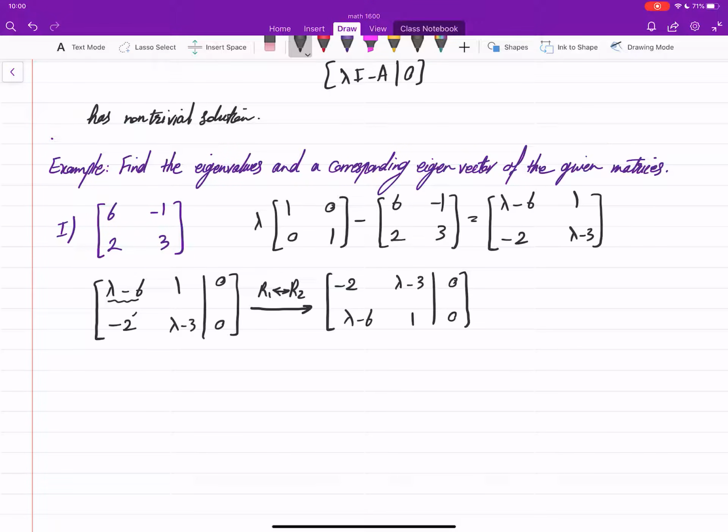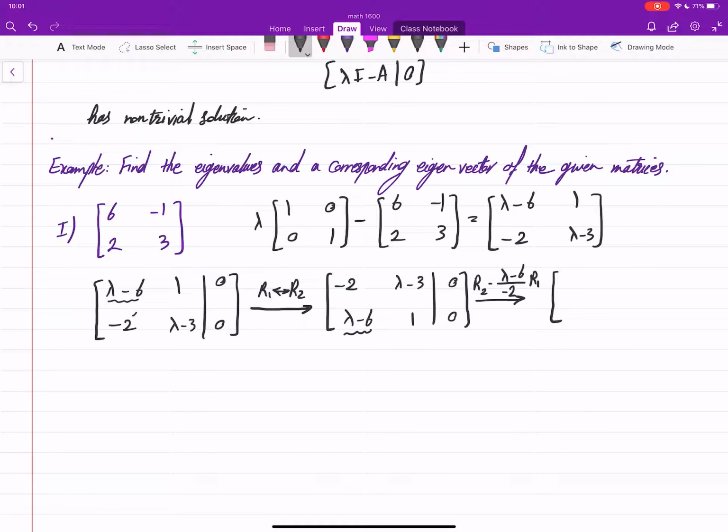And now you can turn it to 1, but I don't need it at this moment. Now I can make this entry 0. How? Well, I will add to row 2 one over 2 of (lambda minus 6) times row 1. Maybe let me write it completely so that you see what is happening.